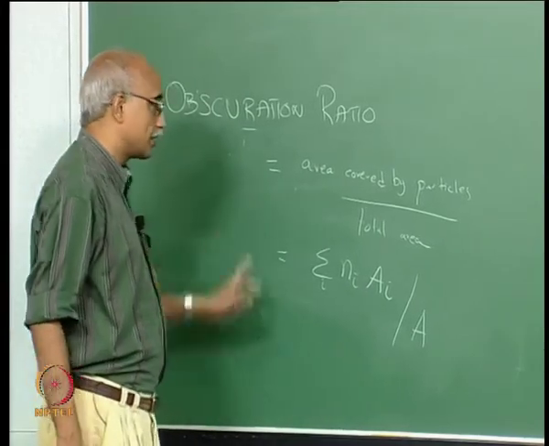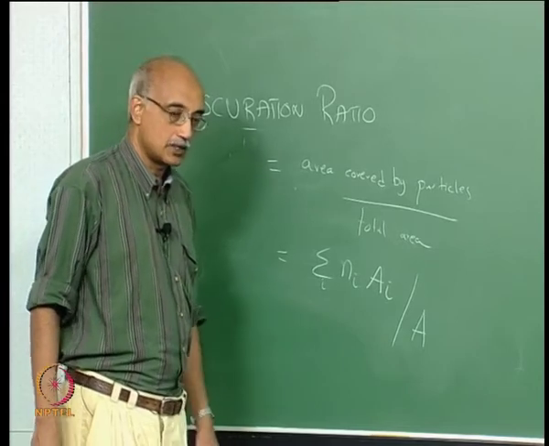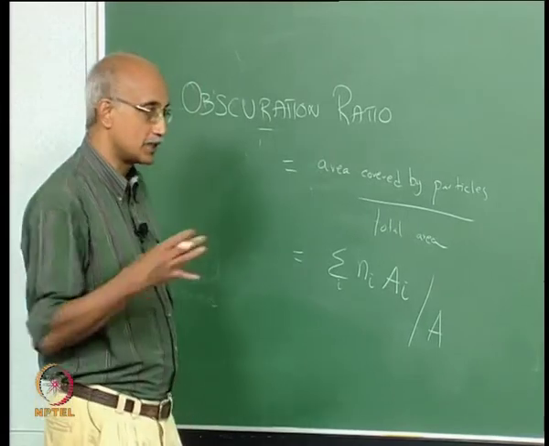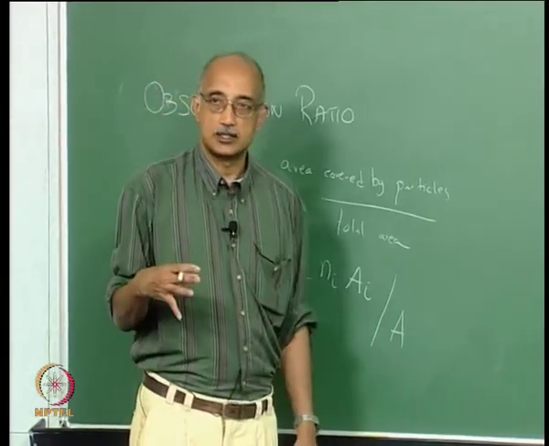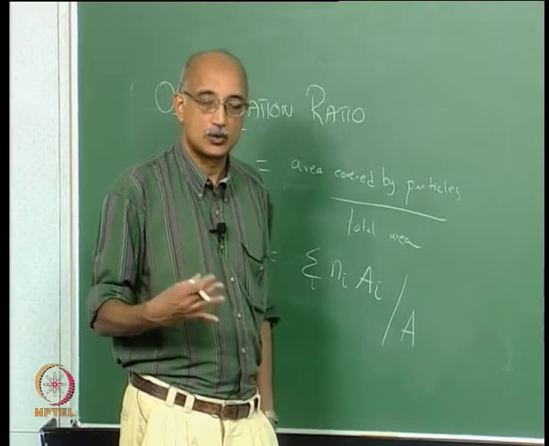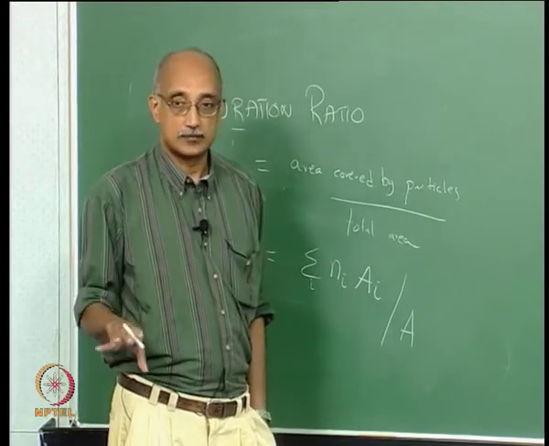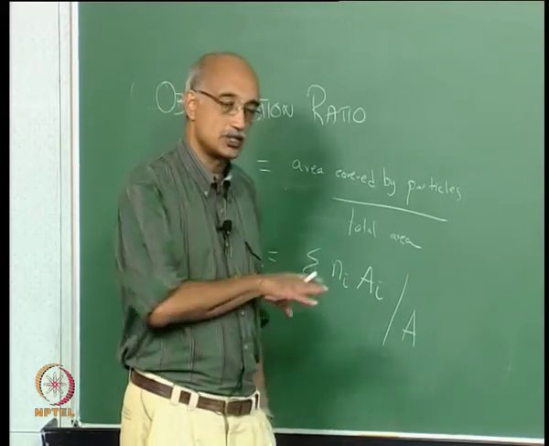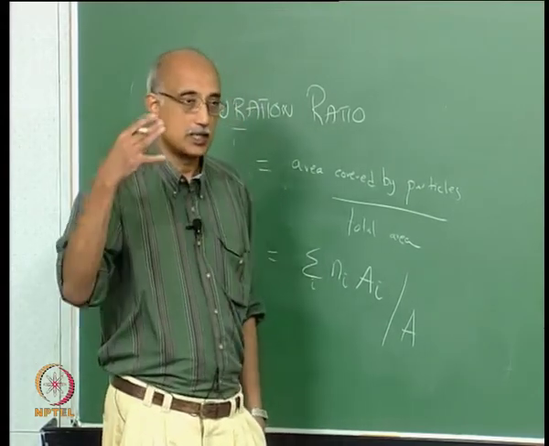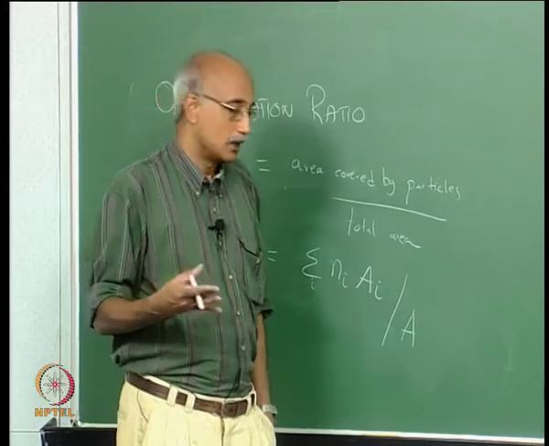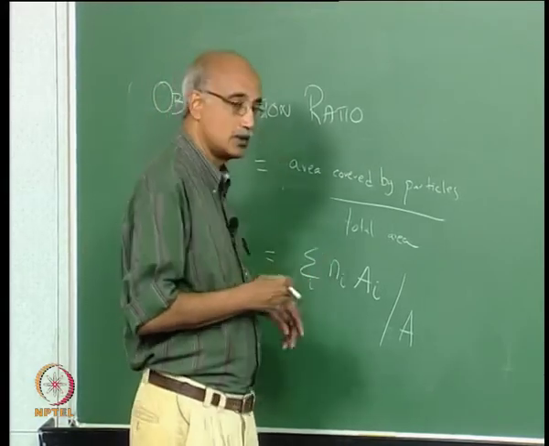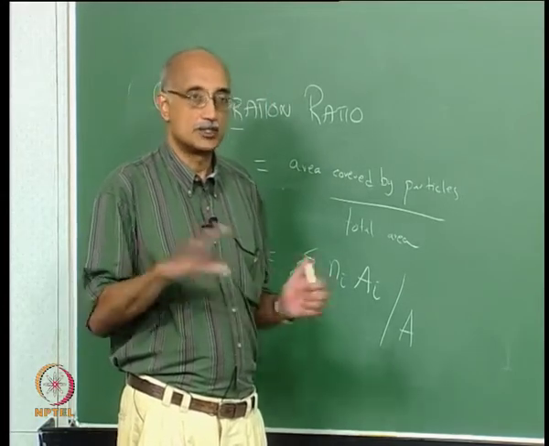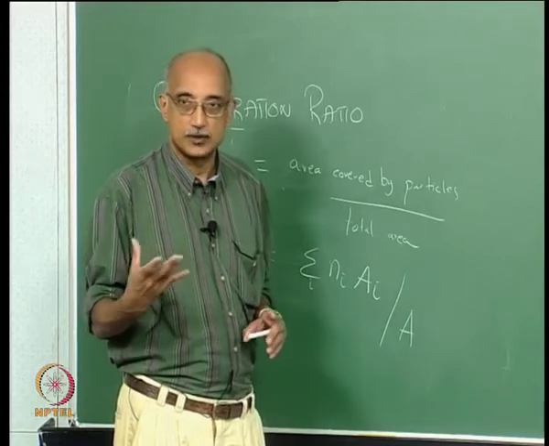Now, this parameter, the obscuration ratio, is again something that we have specifications for and standards for. Just like we discussed earlier, clean room standards in terms of classes, class 100 and so on, and surface cleanliness levels. In the case of the obscuration ratio, similarly the aerospace industry has set certain standards, and in fact as soon as the obscuration ratio starts exceeding 1%, it is considered that the surface is too contaminated to be used any further.